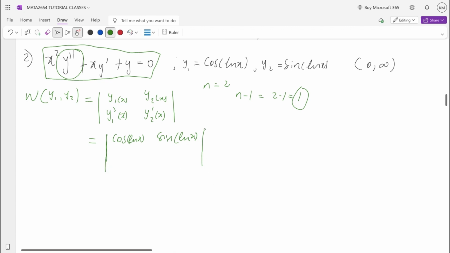This is composition of functions, isn't it? What is the derivative of this, guys? d by dx of cos composed of ln. We say it's equal to what?